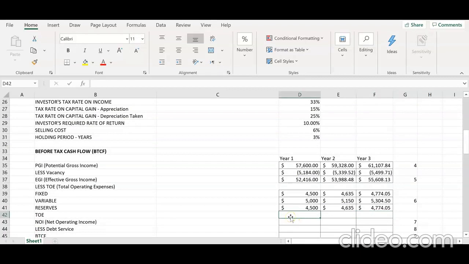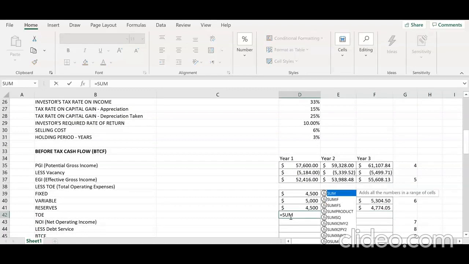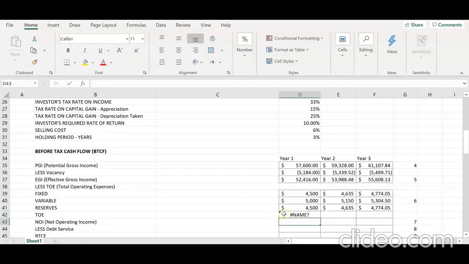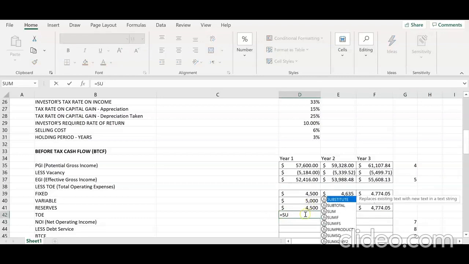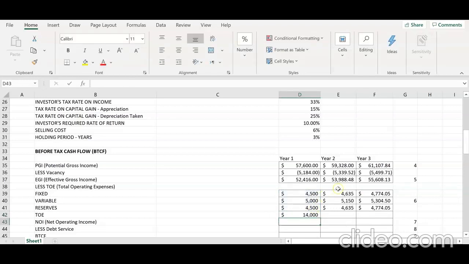For the total operating expenses, use the function sum. Just like that.